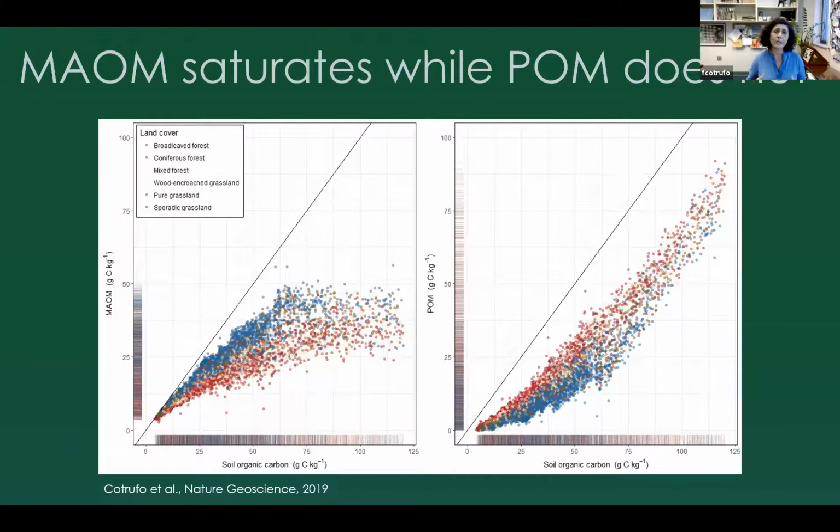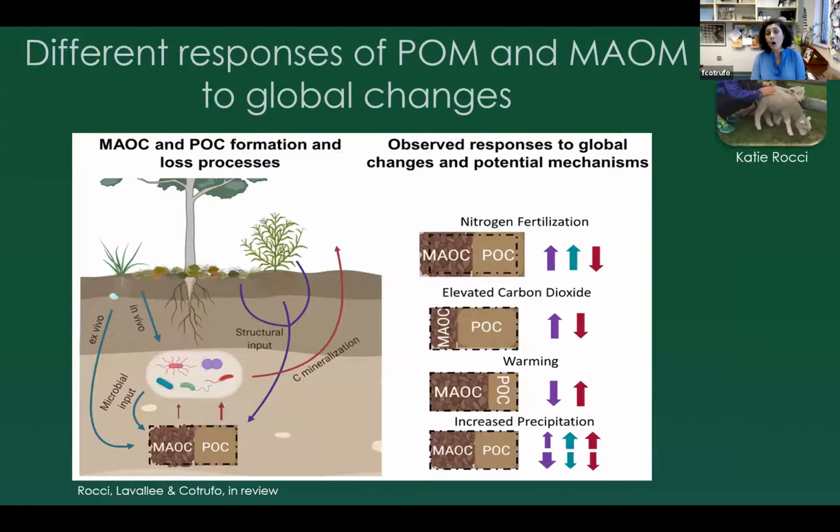But I want to point out the importance of separating MAOM and POM if we want to understand those dynamics and inform solutions. Another reason we need to separate MAOM and POM is that they have a very contrasting response to global change.